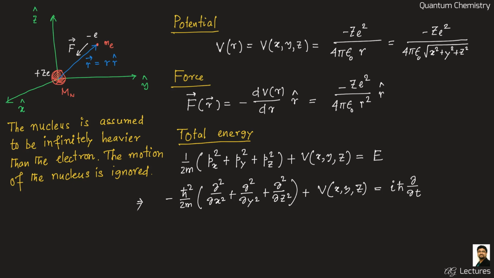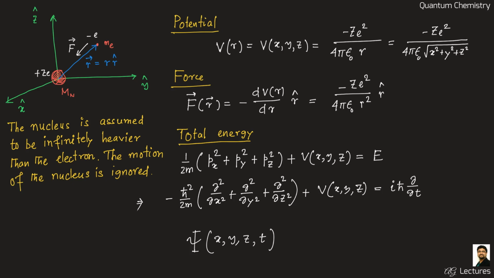And the solution to this Schrodinger equation is going to be a psi, which is ideally a function of both the space coordinates x, y, z and the time coordinate, right? And we can use the fact that our potential is not an explicit function of time, right? So this is a function of space, obviously, but not an explicit function of time. Using this fact, we can split this psi into two parts, the space part and the time part.